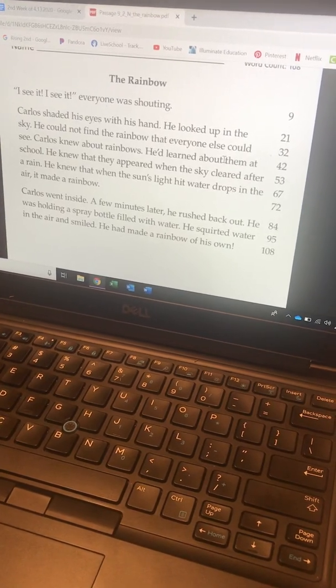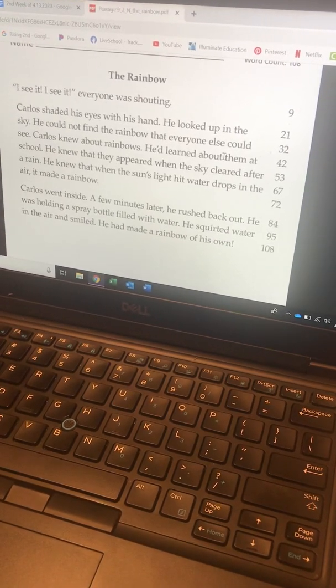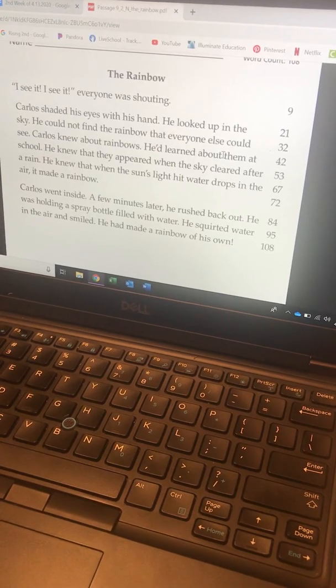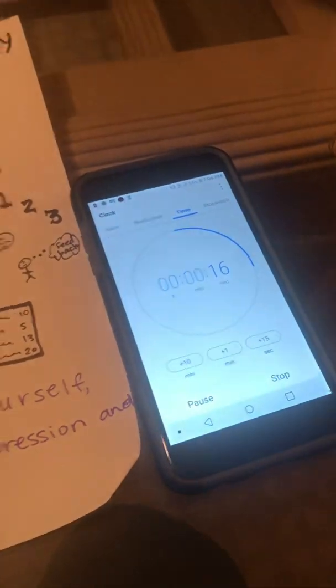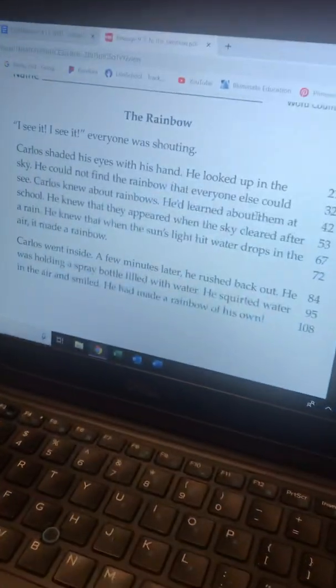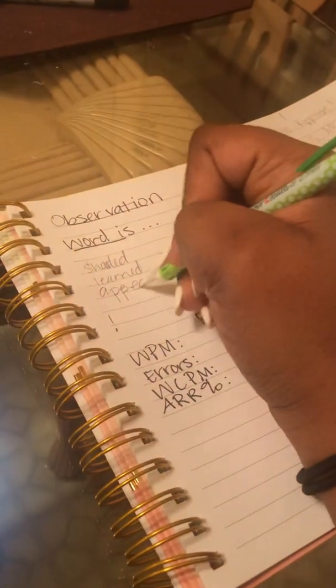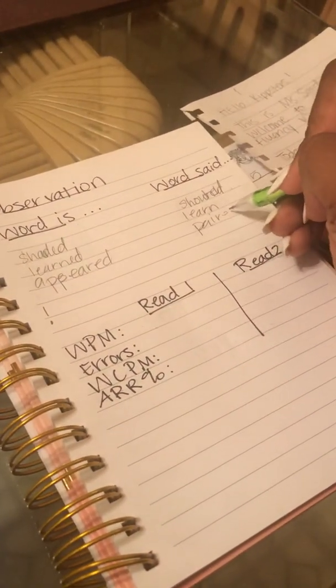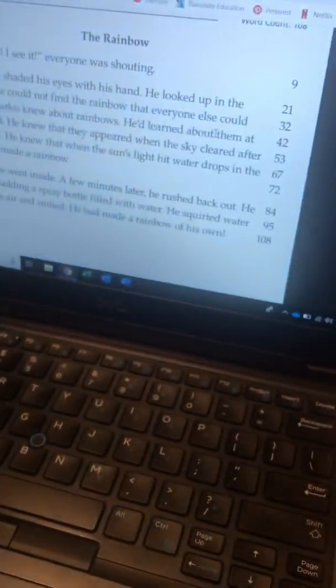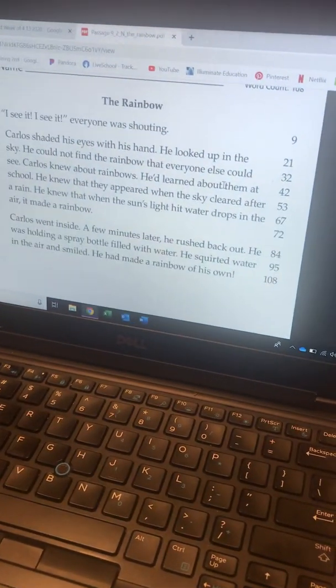He'd learned about them at school. He knew that they paired when the sky cleared after a rain. He knew that when the sun's light hit waterfall.